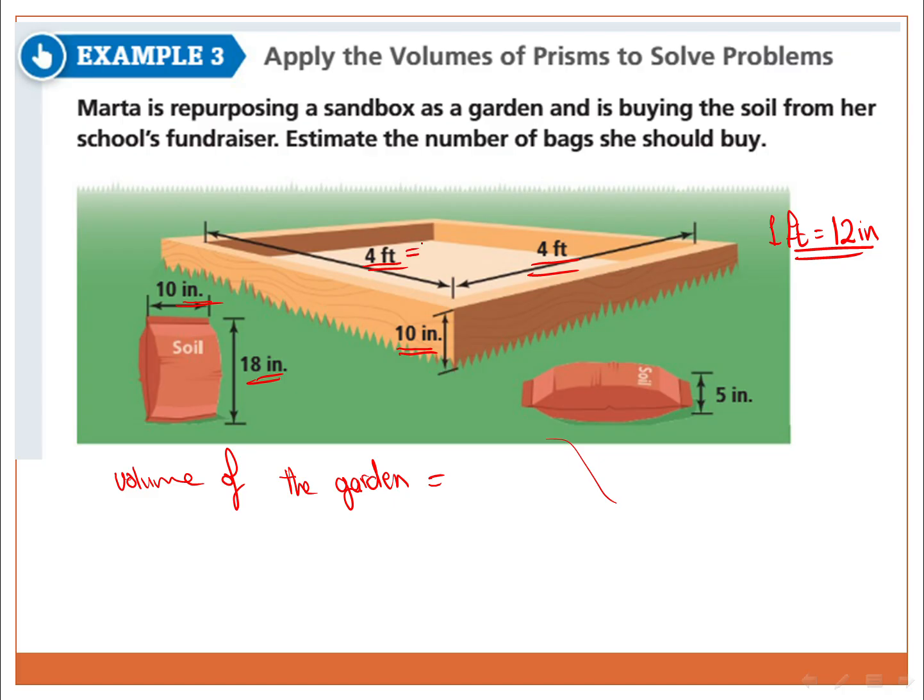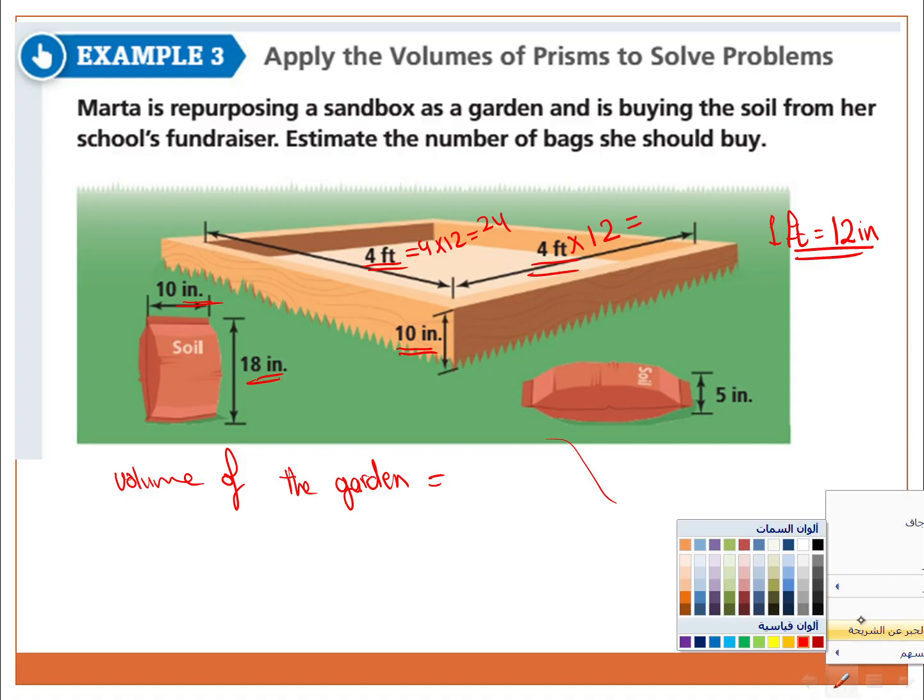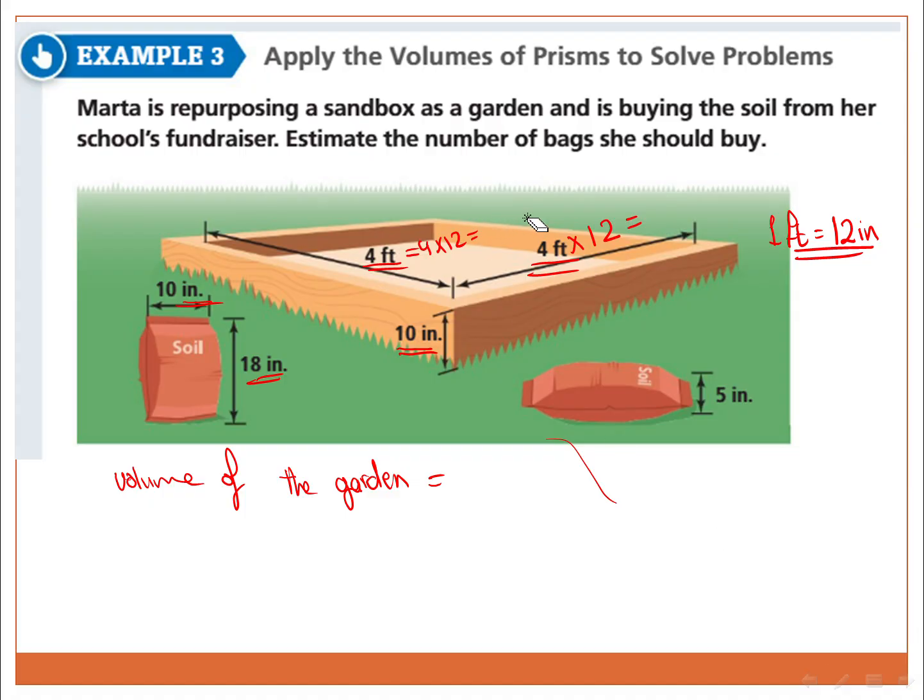So I will multiply 4 times 12, which is 48. Sorry, I just wrote the number by mistake. So 2 times 4 is 8, 1 times 4 is 4, 48, and also here 48.